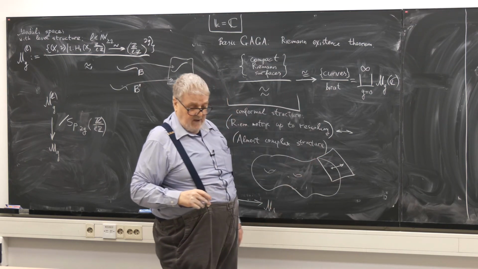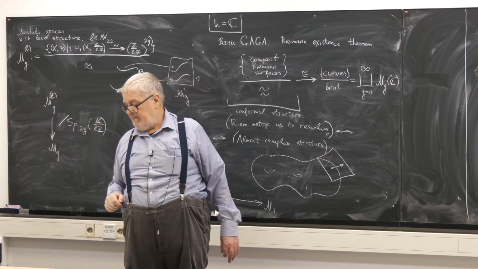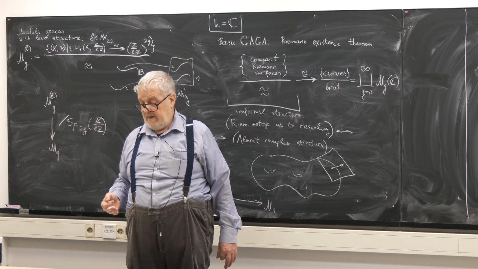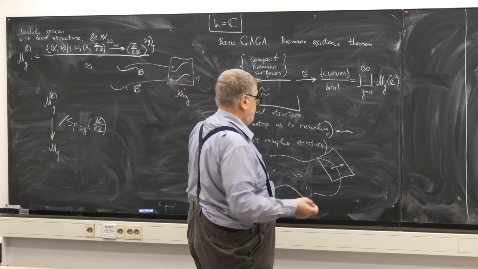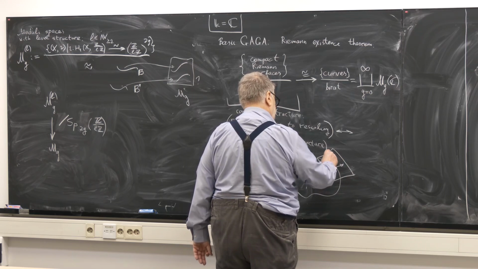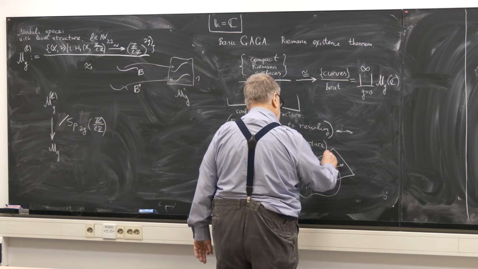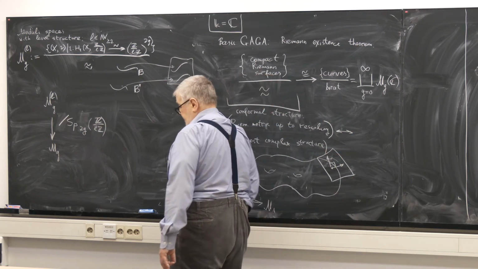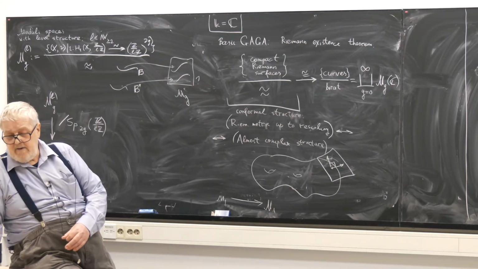Any complex tangent space is supplied by a structure of linear space over C. That means that there is an endomorphism I, the square of which is minus the identity.